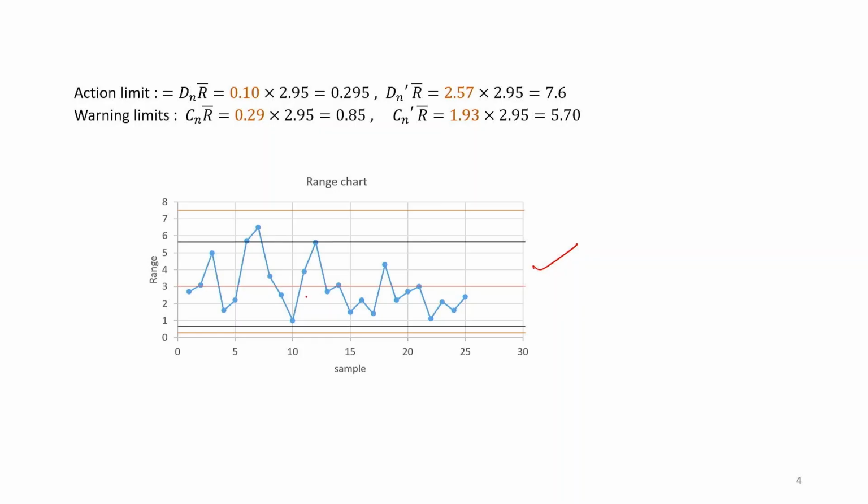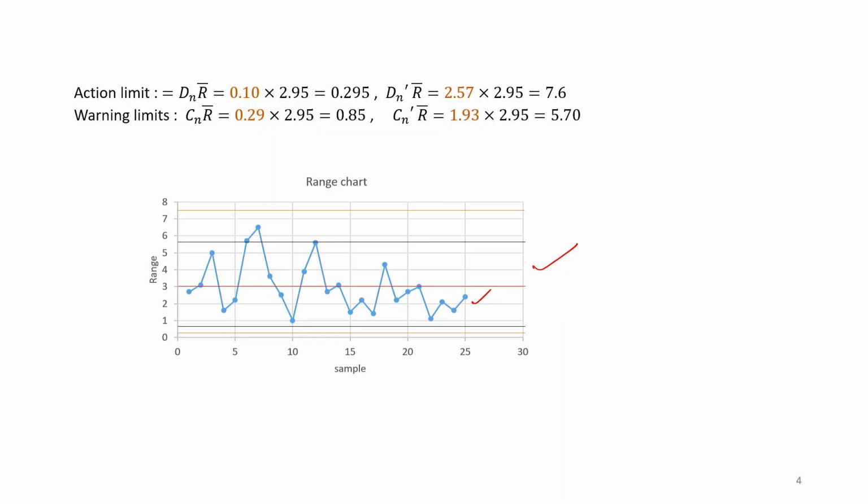If we plot them and join them, we get a zigzag type of curve, which shows the way the range values are changing from sample to sample.